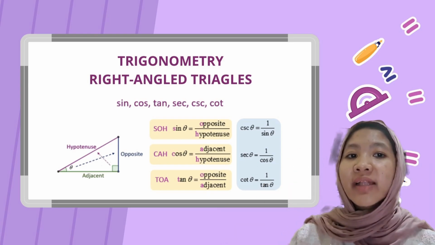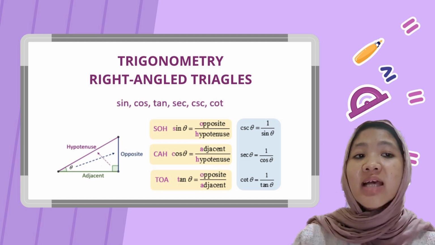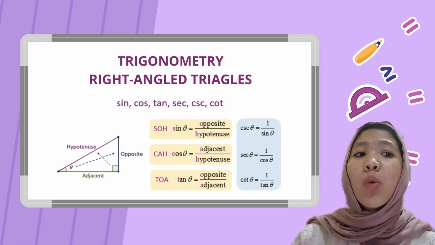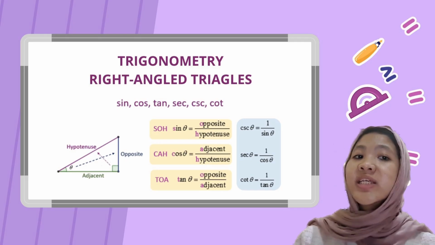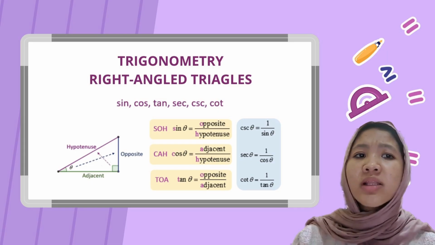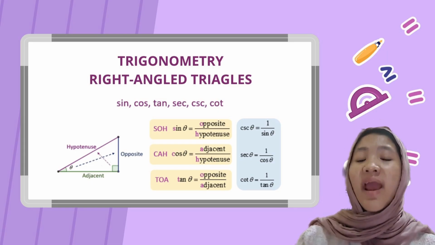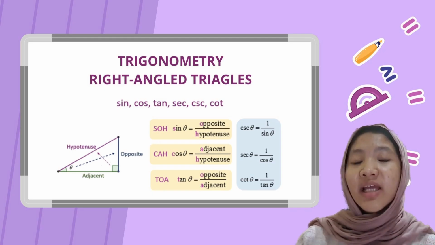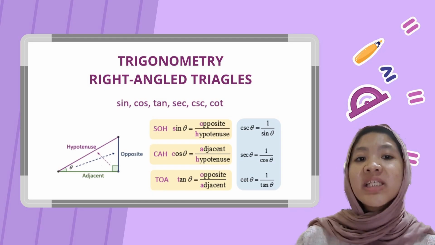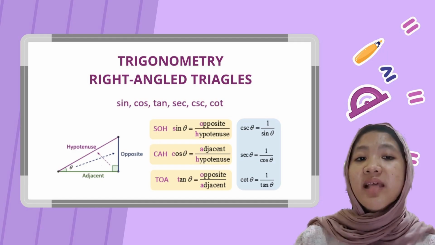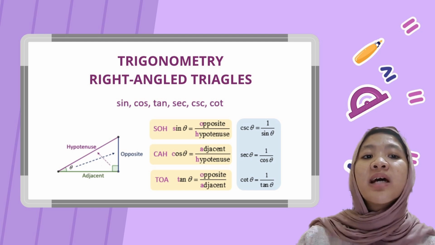Let's look at right-angled triangles. To find missing sides or angles here, we use three primary ratios: sine, cosine, and tangent. You might know the famous mnemonic SOH CAH TOA. SOH means sine is the opposite side over the hypotenuse.